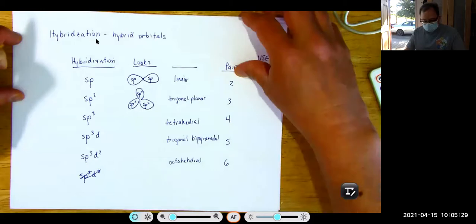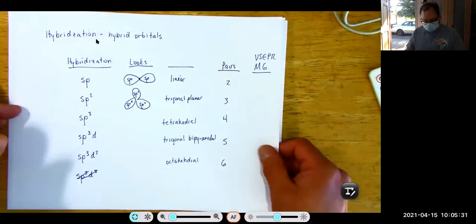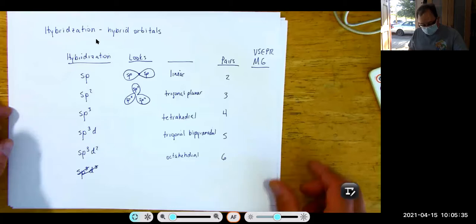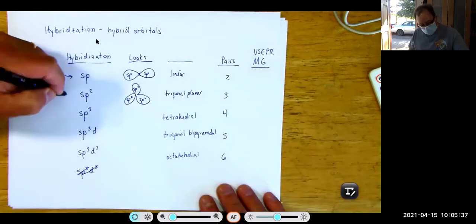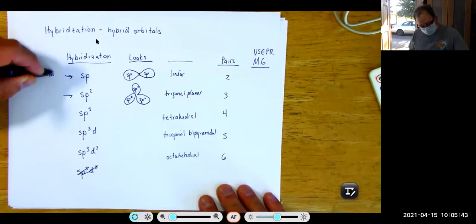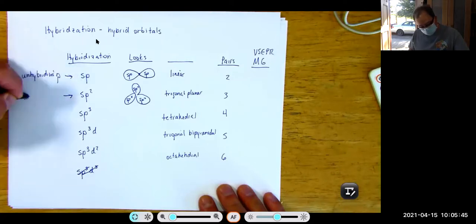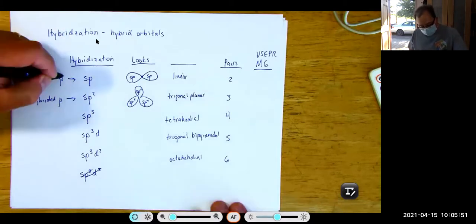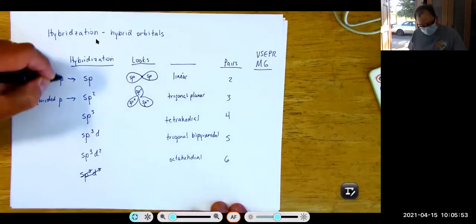Now, the thing that complicates things is here and here you have what are called unhybridized p orbitals. And here you've only got 1 or 2, and here you've got 1.